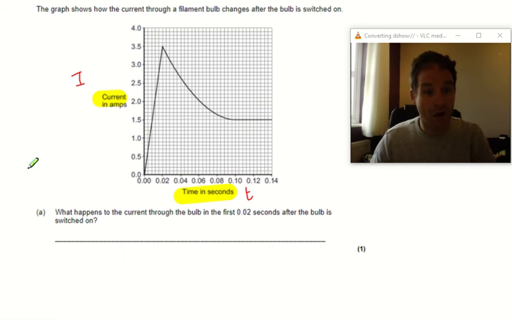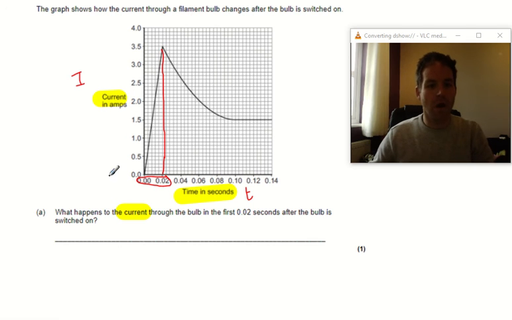Now, the question says, what happens to the current through the bulb in the first 0.02 seconds after the bulb is switched on? So we're going to take a look here and find out where 0.02 seconds is, and that part is there. So 0.02 seconds appears to take us up around this point over here.